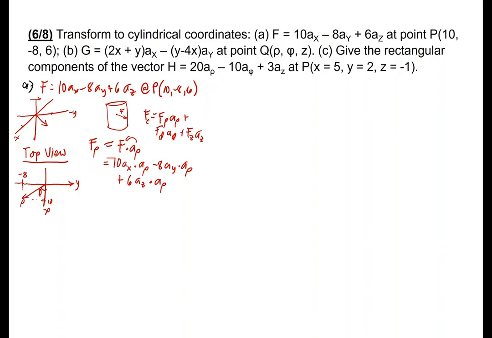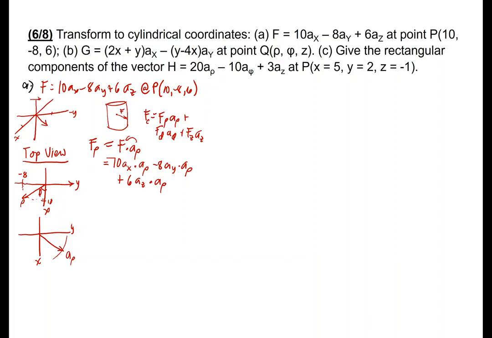Now ax dot a rho, this is a challenge, this is the convention, right? Because I'm changing the drawing into the most common visualization without knowing whether it's positive or negative. So this is the direction of your a rho, and actually the direction of the cylinder for the arrow, as you can see, it should be like that.